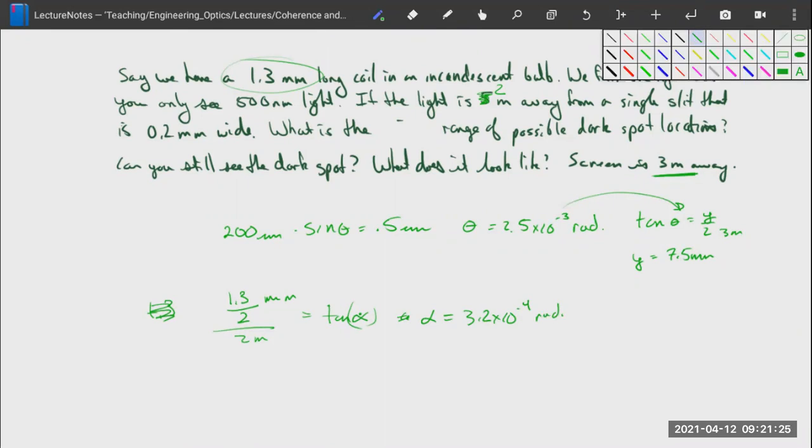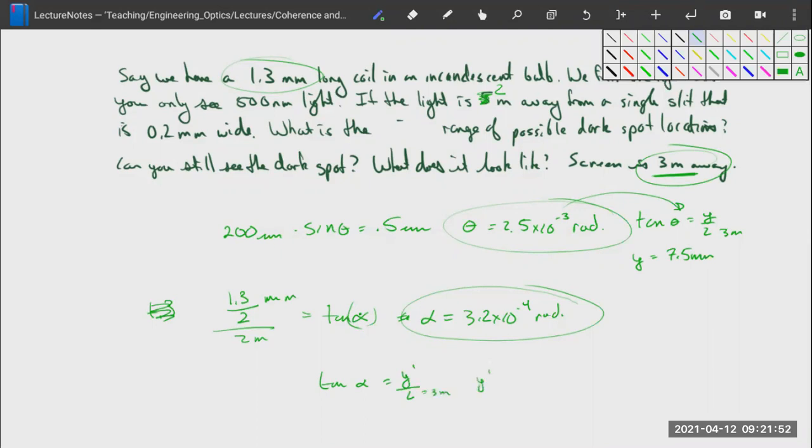So right off the bat, you should notice that this is larger than this, right? Oh, sorry, never mind, times 10 to the negative fourth. So it's smaller than that. And if we solve for the offset that occurs at our screen based on this angle, we get that the tangent of alpha is equal to y prime over L, which is equal to 3 meters.